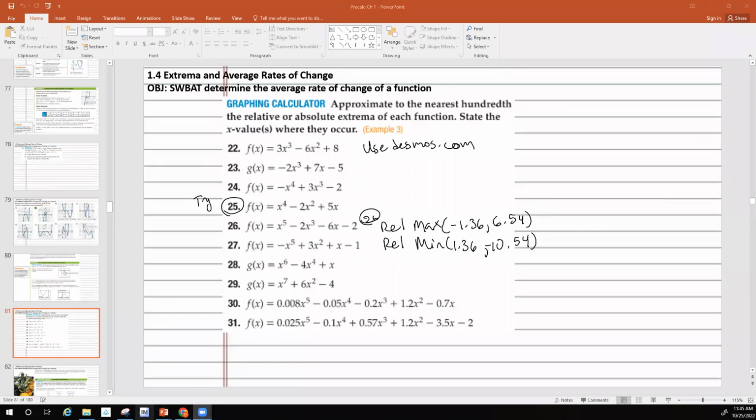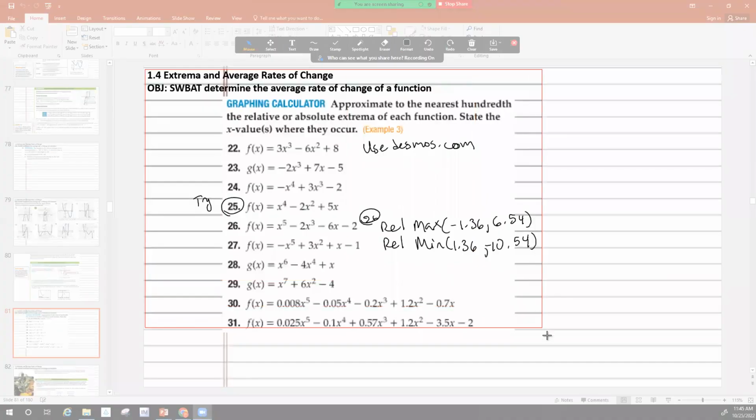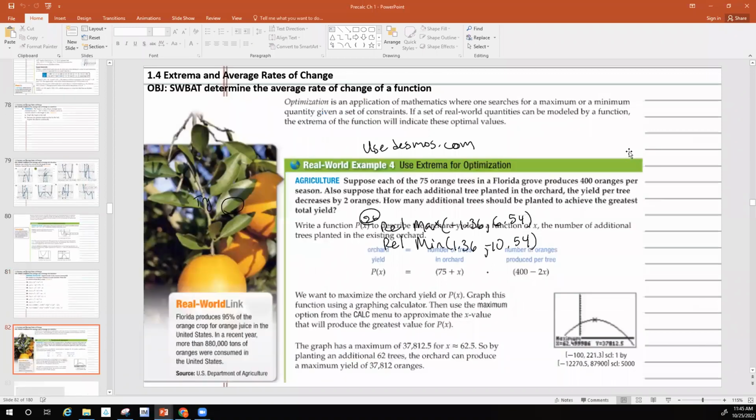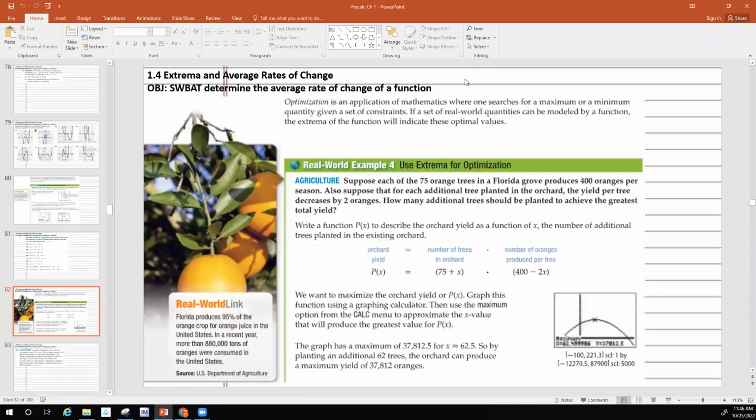Okay, let's put that on the notes. All right, there we go. And now we're going to look at optimization. So this is real world stuff.